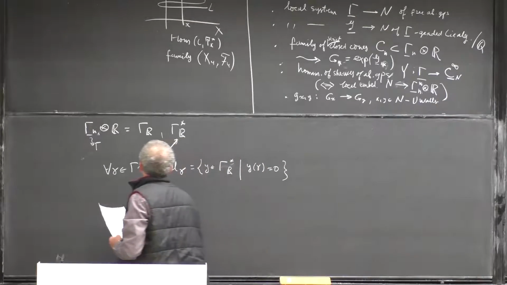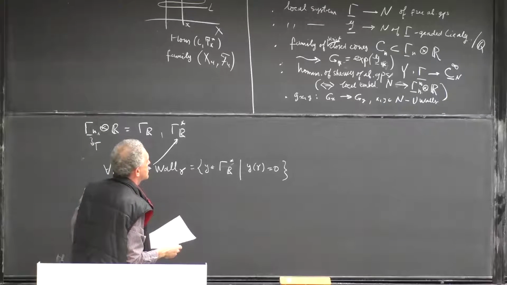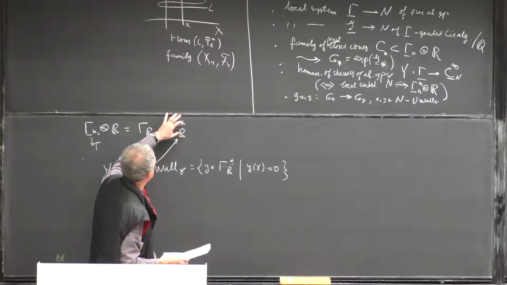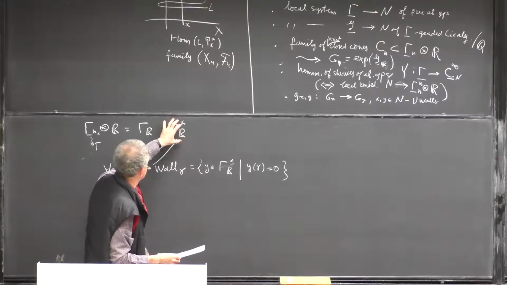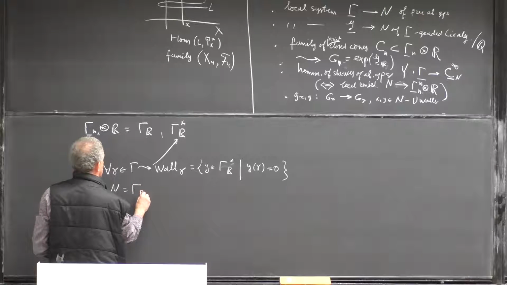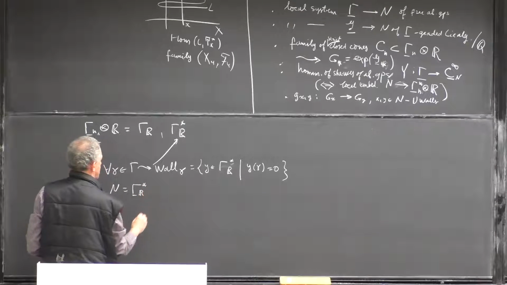In the simplest case, which is already interesting and related to last time's story, we can take N to be equal to the dual of gamma_R.